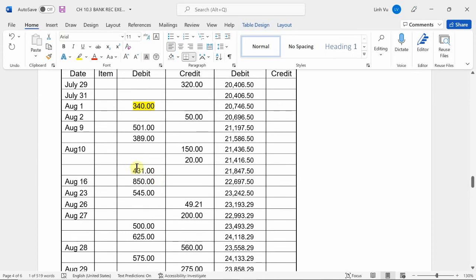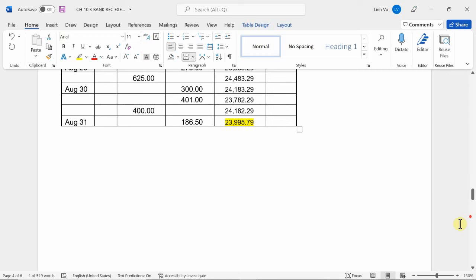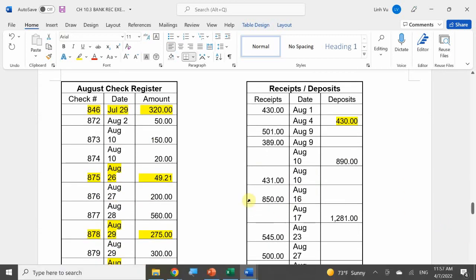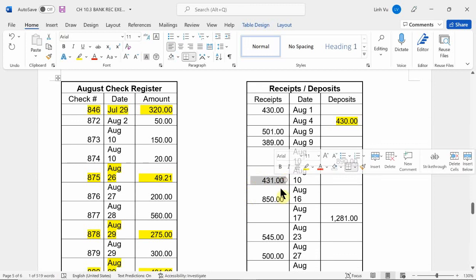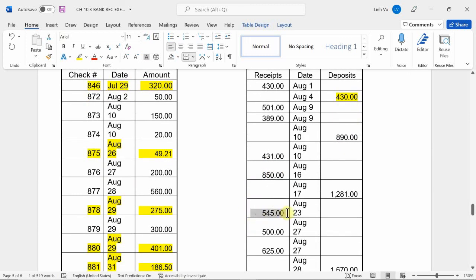And then here says I deposited $431, $850, and $545. Is that true? Let's see. I deposited 431, 850, and here's my 450.